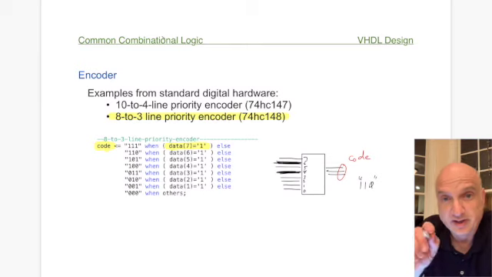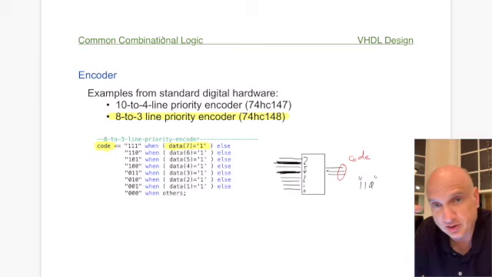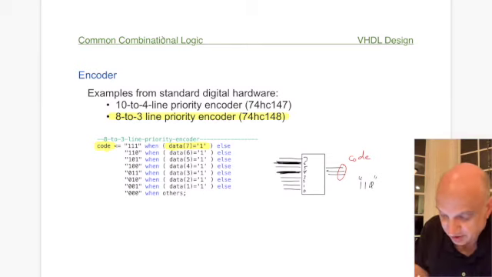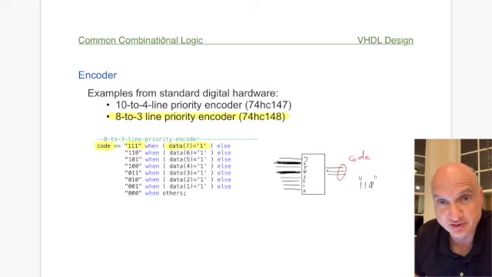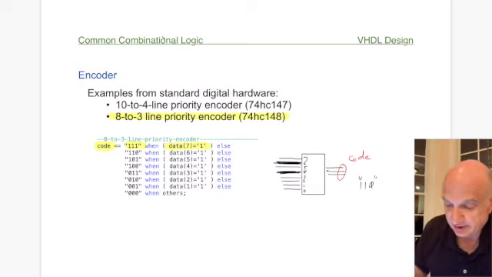And remember, it does have a priority level. The first one is checked first. The first condition is checked. If it's true, then the output becomes that and it's done, and it finishes. It doesn't even look at the other conditions. If it's false, then it runs down to the next and checks to see if that one is true. And if it's not, then it goes to the next one to see if that one is true.